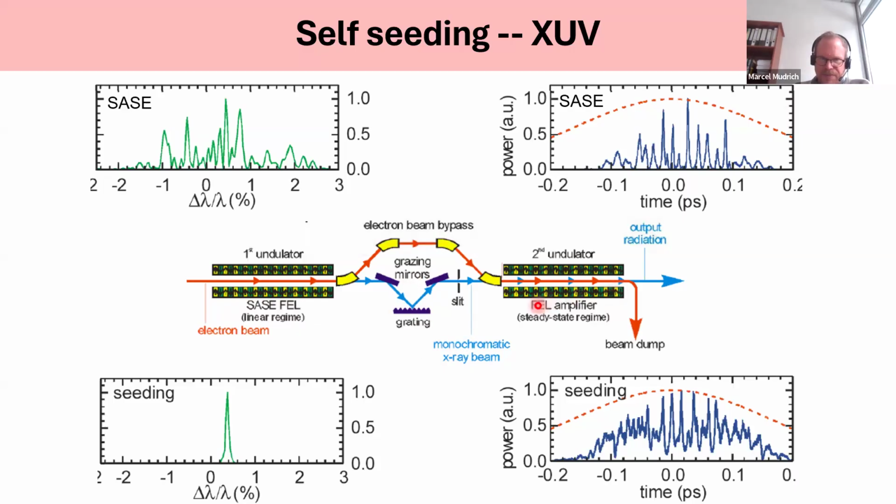Now, this scheme in the X-ray regime works slightly differently, because if you remember, for X-rays it's much harder to realize a grating to diffract the light, right? Because the spacing between the grooves has to be on the order of the wavelength.